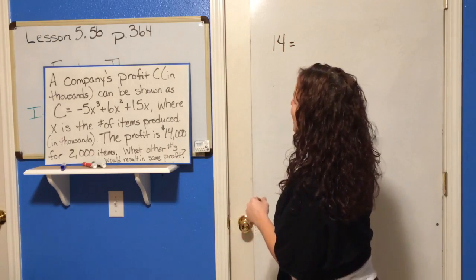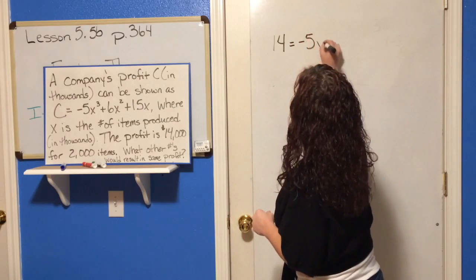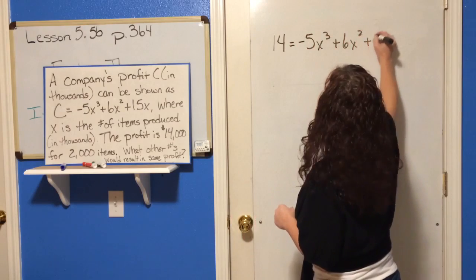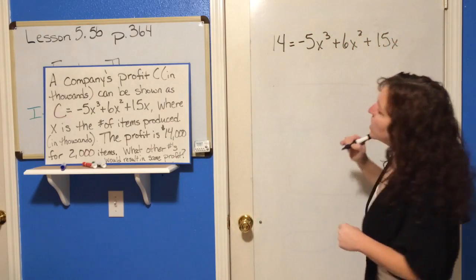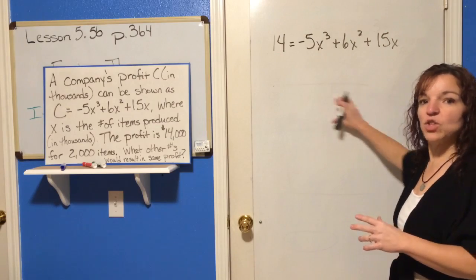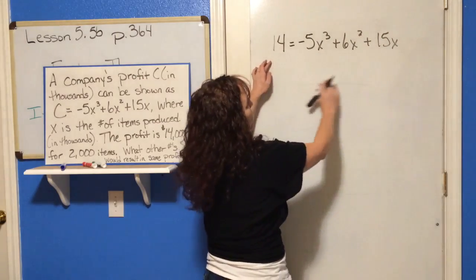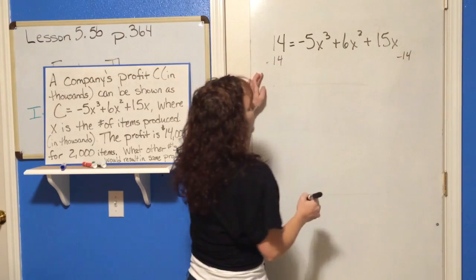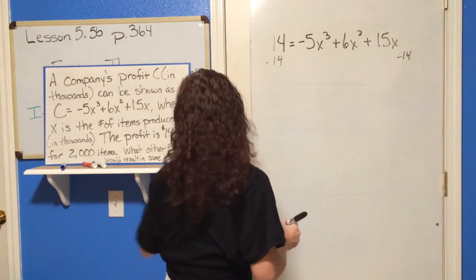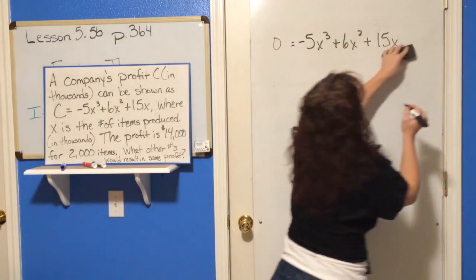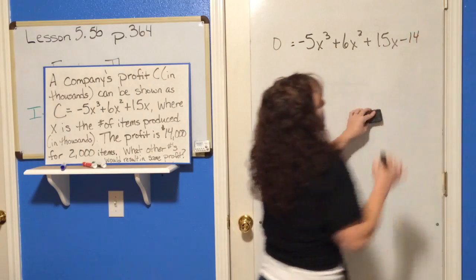So 14 equals negative 5x cubed plus 6x squared plus 15x. So in order to change this into a function to be able to solve it, we've got to get it equal to 0. So you're going to subtract the 14. So we get this, and just for the sake of time, we're going to change this to 0 and this minus 14 here. See where those came from?